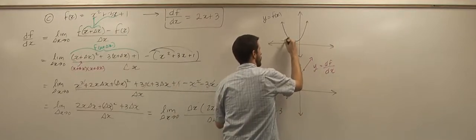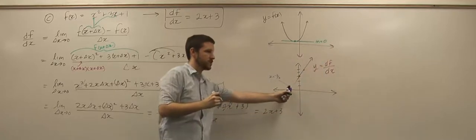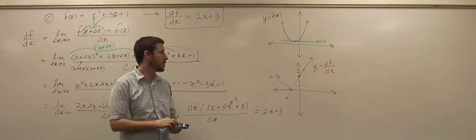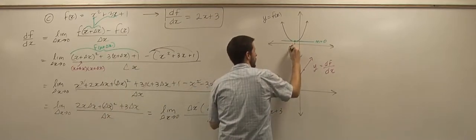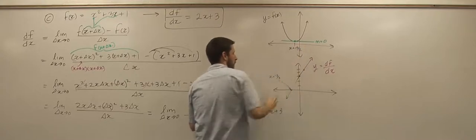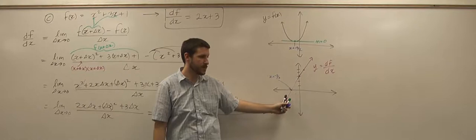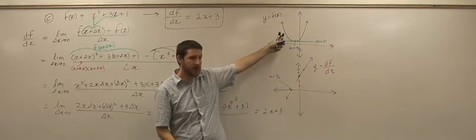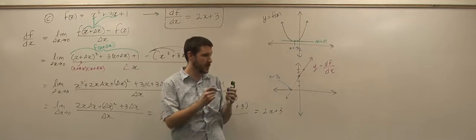That's what's happening on this derivative function. Another way of looking at it is that this line goes from positive to negative, so the slope of your tangent line up here should be positive on one side and negative on the other side.